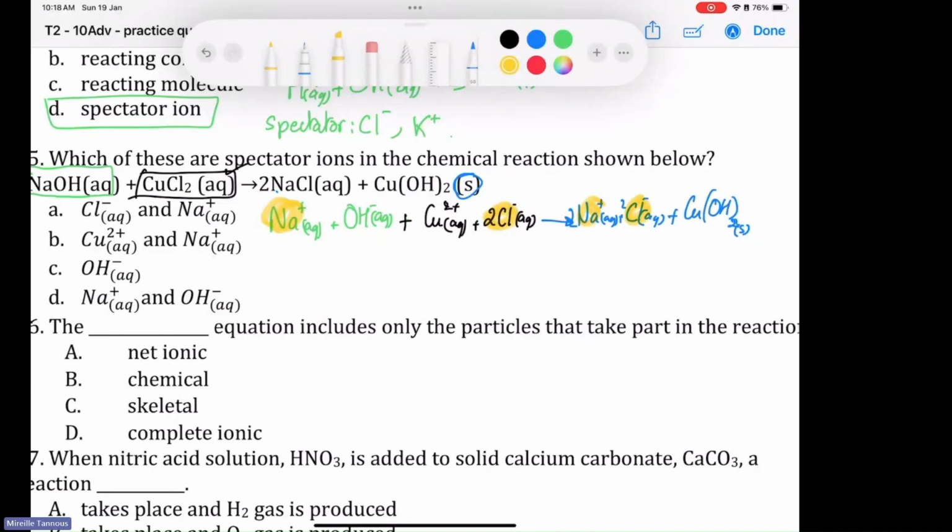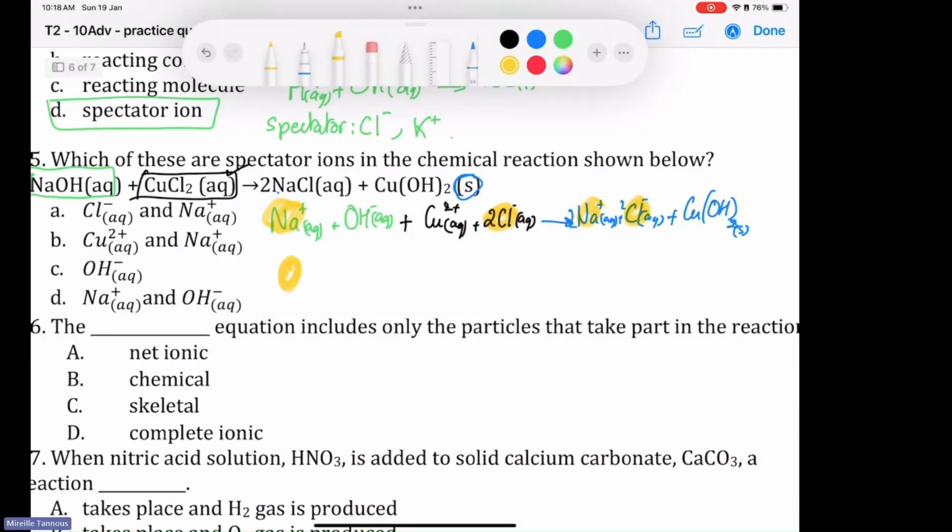So what I am highlighting are spectator ions. The one in yellow, I call them spectator ions. And what I will highlight in green plays a role in the net ionic equation.